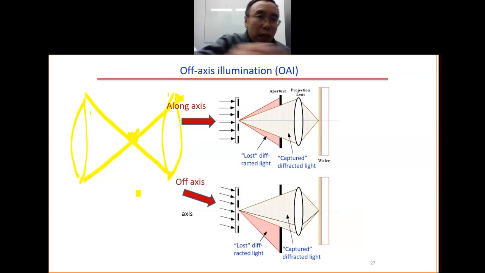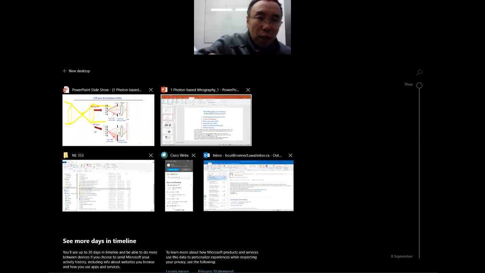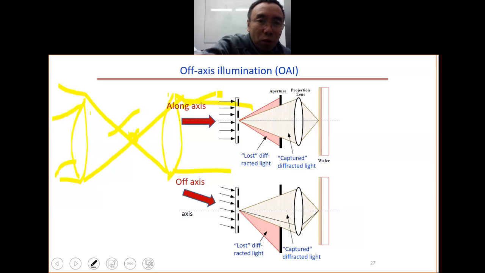If the light comes in like this, it comes out the same way. If the light comes in at an angle here, then it also becomes an angle here. So how to filter out the light coming through?